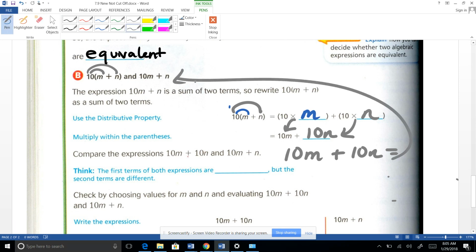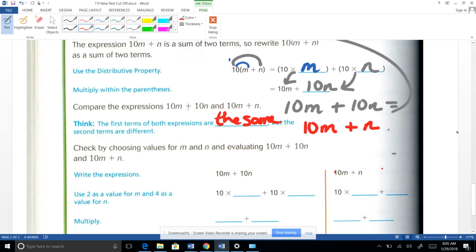Okay, well, think. The first terms in the expression are both the same, and they are. But the second terms are different. And that's important because take a look. This is 10m plus an n. What doesn't it have? It doesn't have the 10.